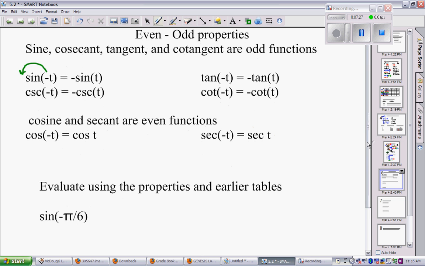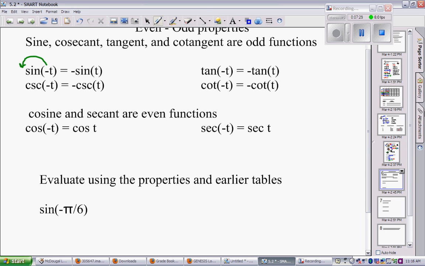So we're going to use those properties, and we are going to evaluate the sine of negative pi over 6. So this is an odd function, so we bring out the negative to the front. Negative sine of pi over 6.